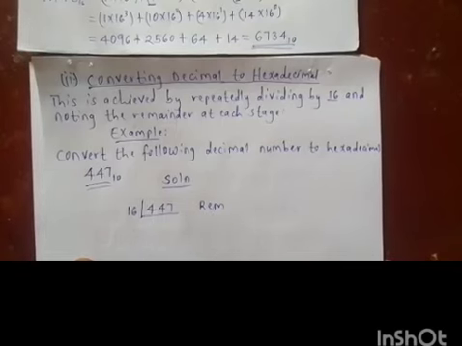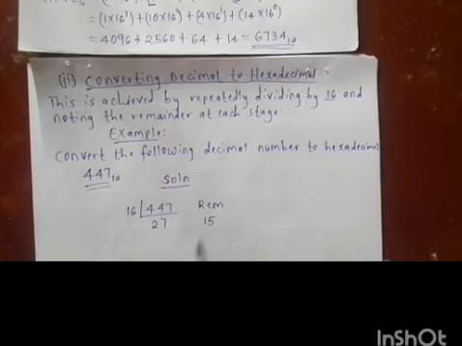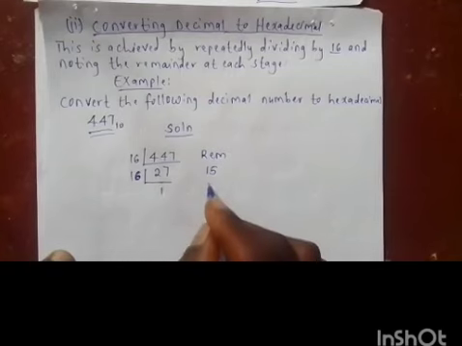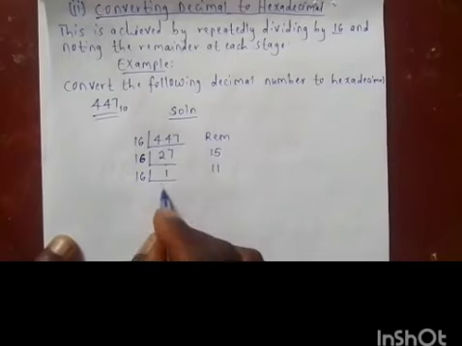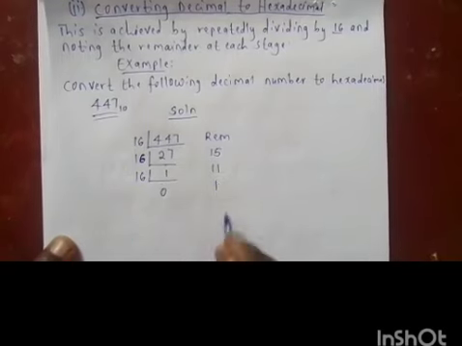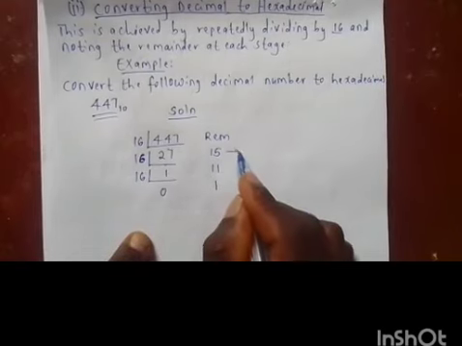we take 27 and the remainder is 15. We take 1, the remainder is 11. So we take 0, the remainder becomes 1. But now here we said these numbers are represented by letters.